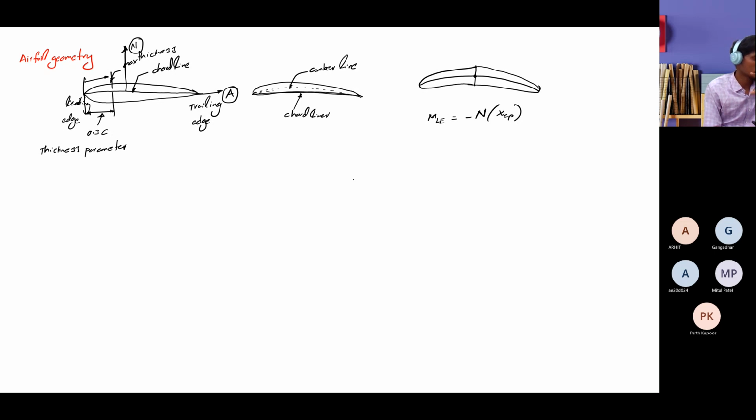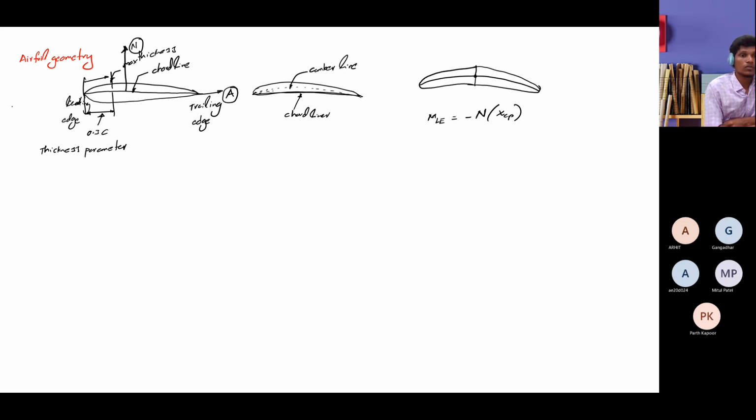If it is a pitch-up motion, we take it as a positive sense. If it is a pitch-down motion, we take it as a negative sense. There is a sign convention that we need to follow.